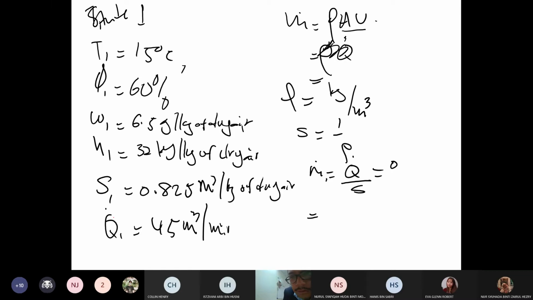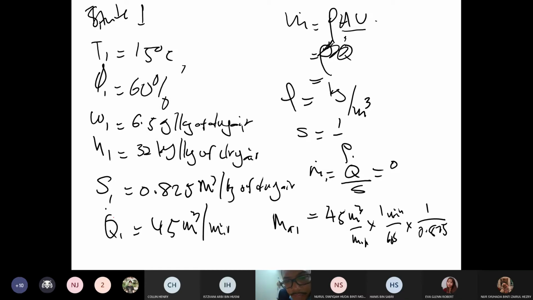So the mass flow rate m dot A1 is equal to 0.45 meter cube per minute darab dengan 1 minit over 60 second darab dengan rho, which is 1 over S, which is 0.825.